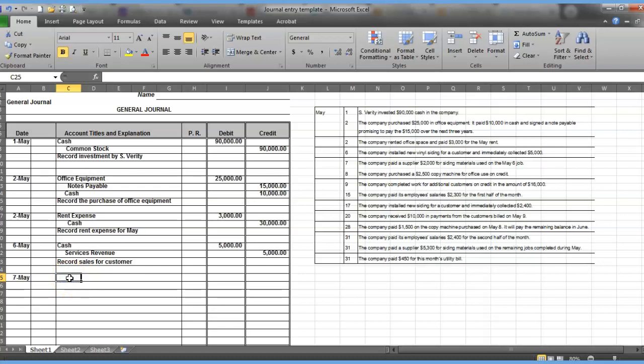I'm going to call this inventory of $5,000. No, sorry, $2,000. And I'm going to record credit to my cash for the purchase of inventory.